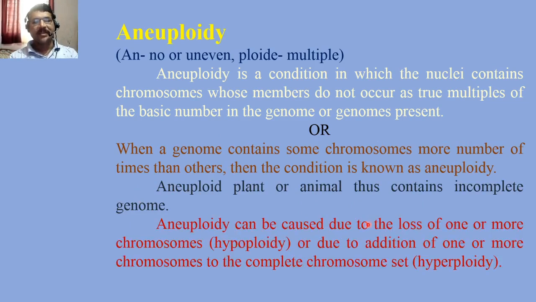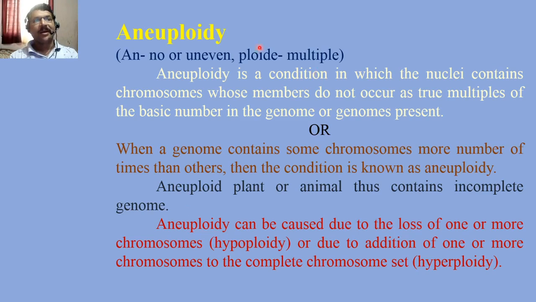Aneuploidy can be caused due to loss of one or more chromosomes, which is known as hypoploidy, or due to addition of one or more chromosomes to the complete chromosome set, which is known as hyperploidy. So as we have seen, there are two types of ploidy, euploidy and aneuploidy. In euploidy the complete basic set of chromosomes is present, and in polyploids exact multiples of the basic chromosome set are seen.